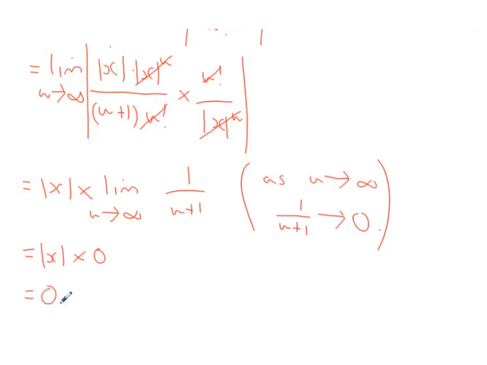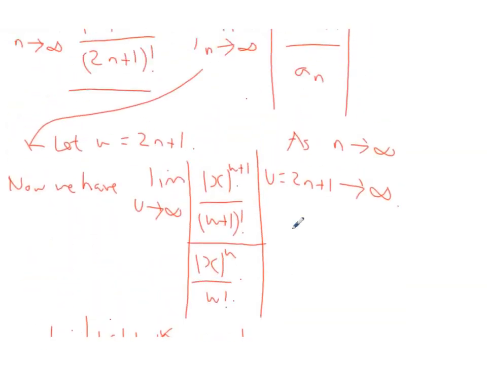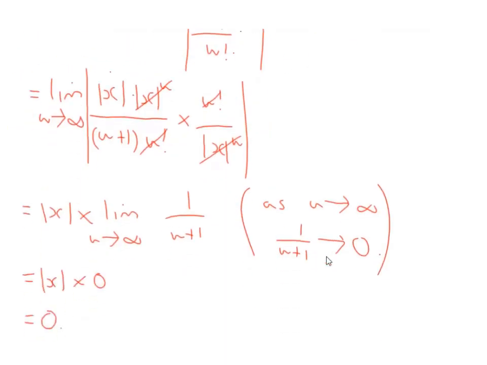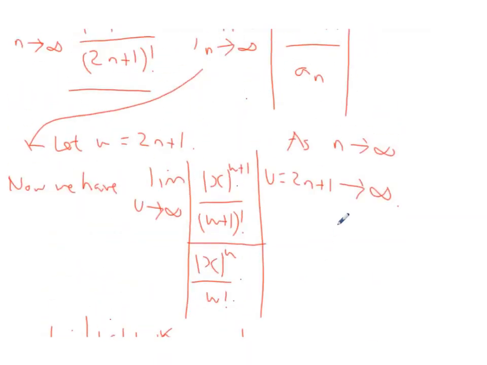So now remember what we're actually doing. We're trying to show that the series converges, which will show that the limit as n approaches infinity of the error term must equal 0. The ratio test shows convergence if the result is less than 1. The result is 0, so that definitely shows convergence.